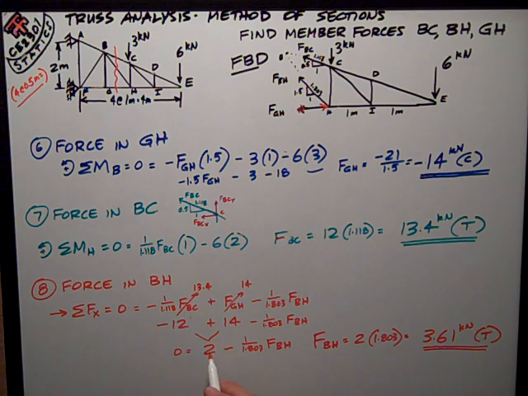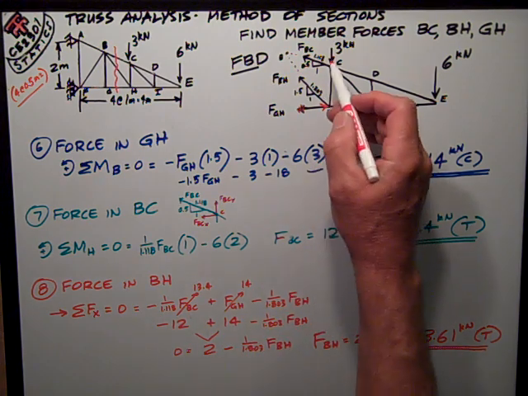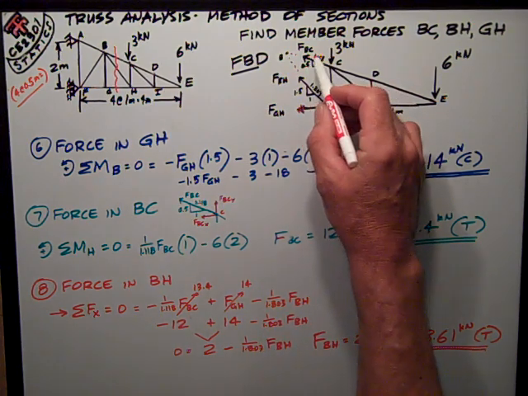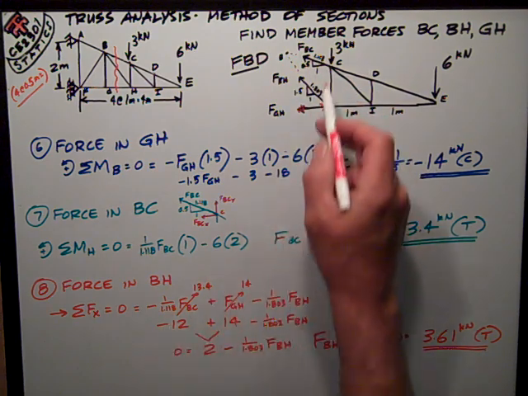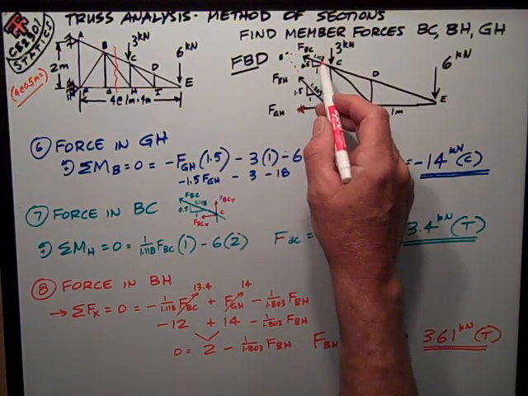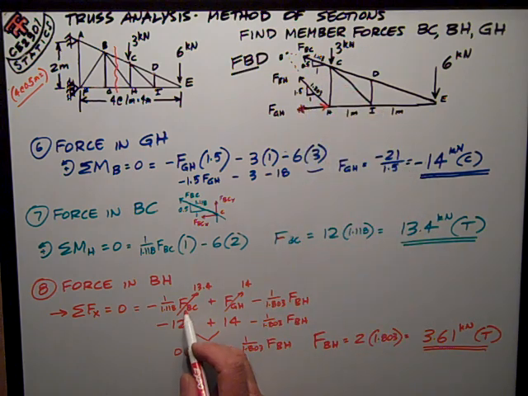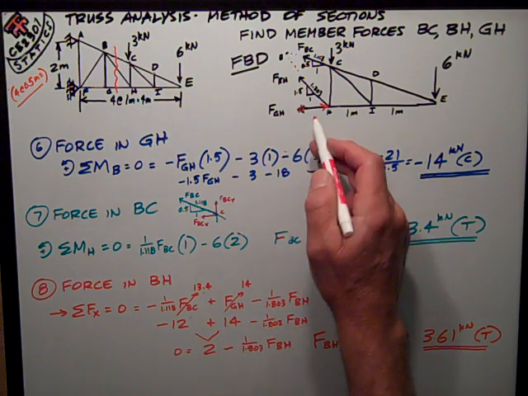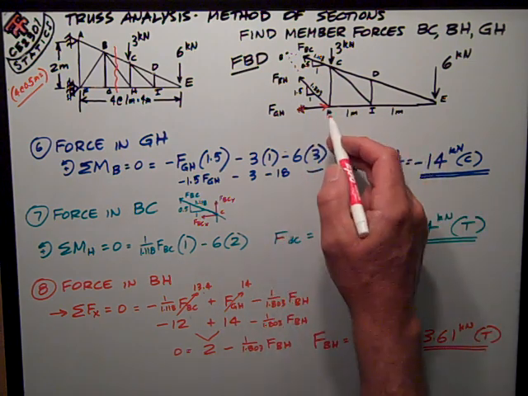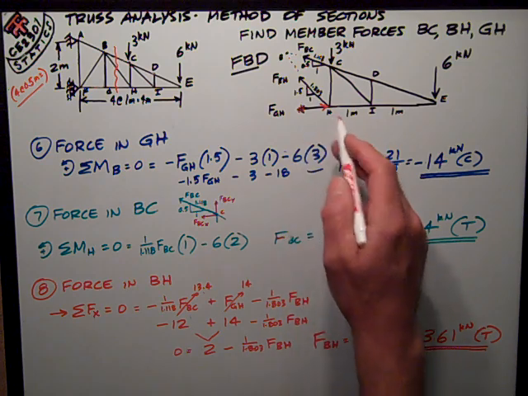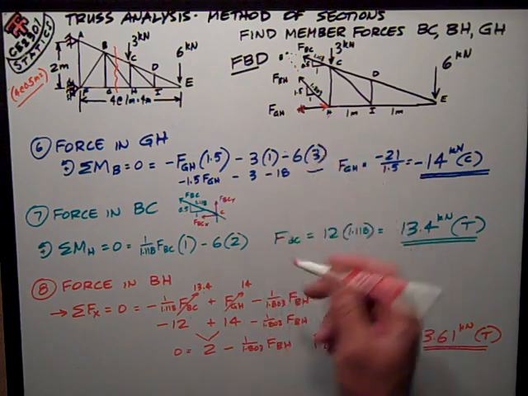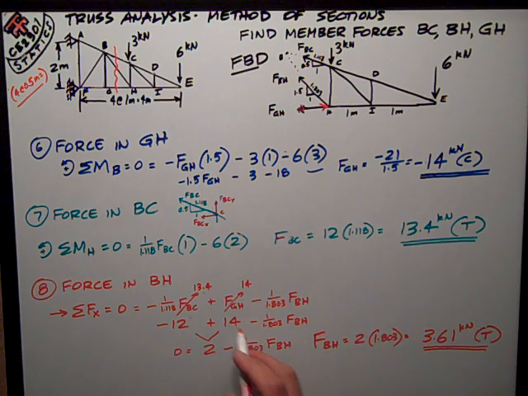Positive to the right, I've got three forces that are in the X direction. The negative of the horizontal component in BC, which I just solved for, negative 1 over 1.118 times the force in BC, which is 13.4 as I solved for there, plus the 14 kilonewtons in GH, which I reversed that arrow to remind myself that it's plus to the right, and minus the unknown.